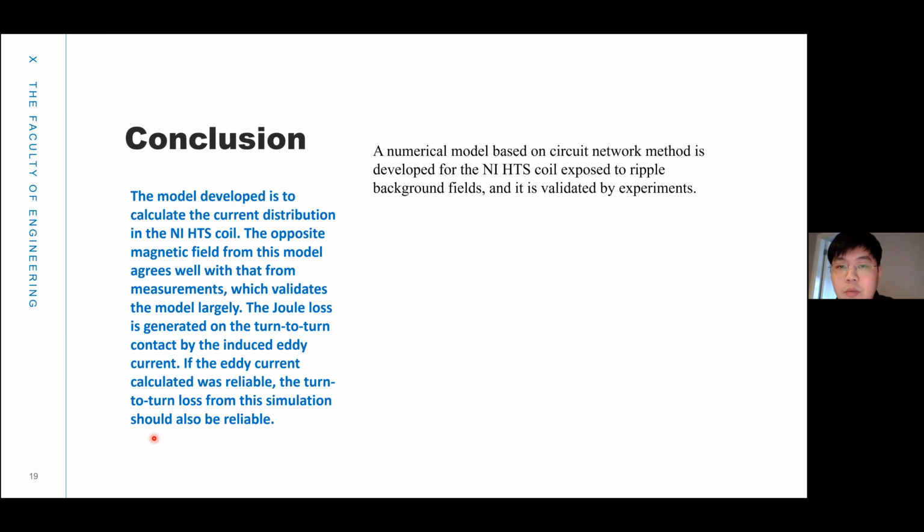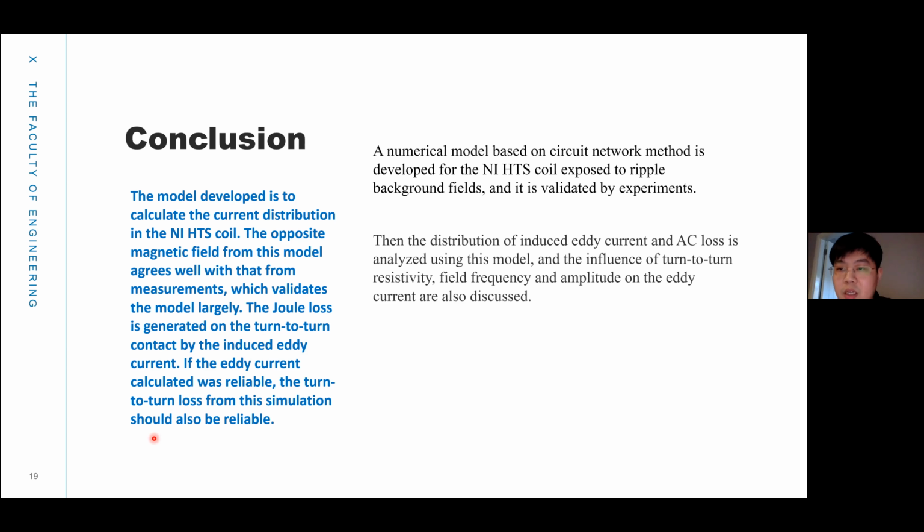We developed a numerical model based on the circuit network for the HTS coil in a ripple background field, and this is validated by the experiment. We also studied the distribution of induced eddy current and AC loss with this model, and discussed the influence of turn-to-turn resistivity and field frequency and amplitude on the eddy current.